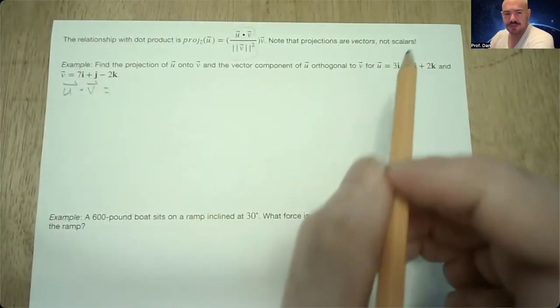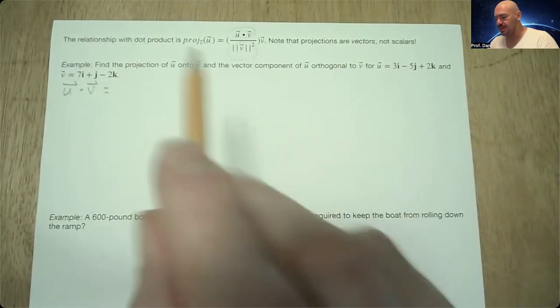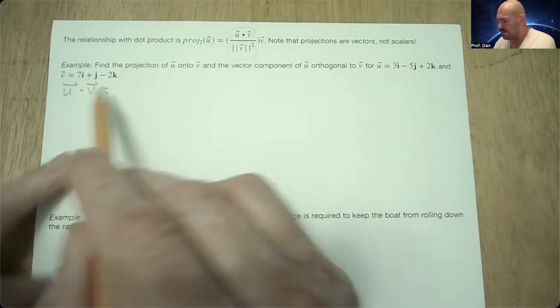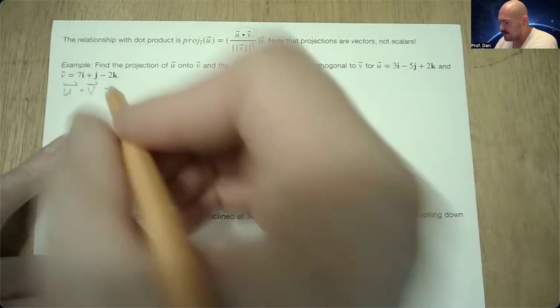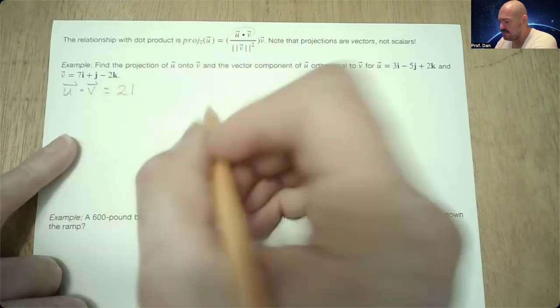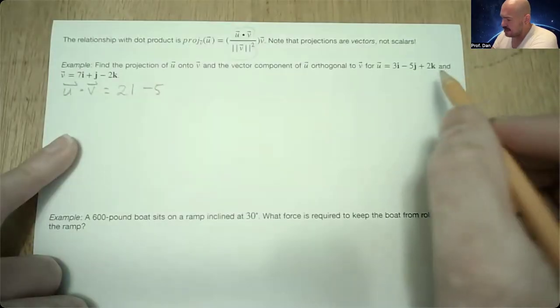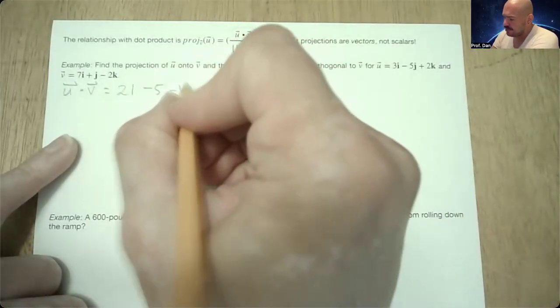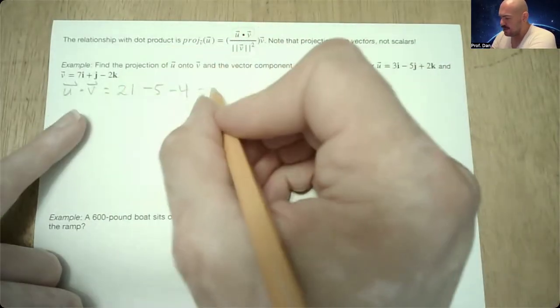And since we know the component form for both vectors, we can use that formula to find the dot product. First times first, 7 times 3, -5 times 1, and 2 times -2 gives me a dot product of 12.